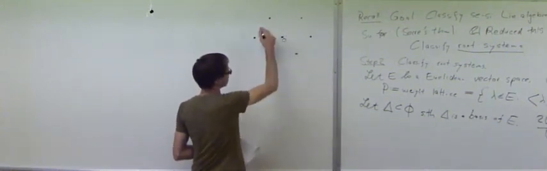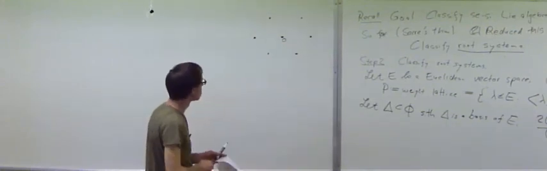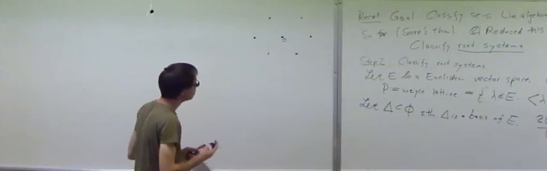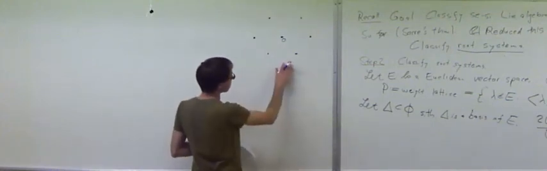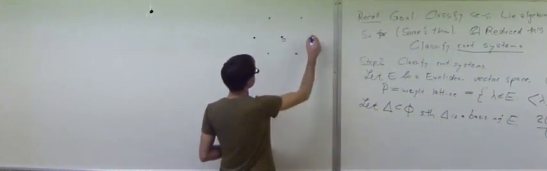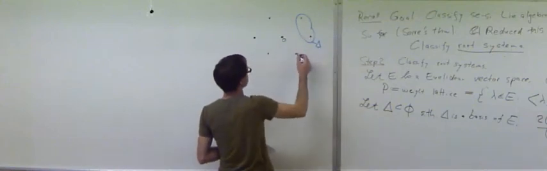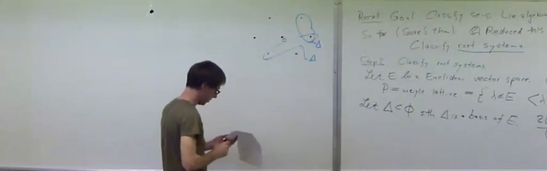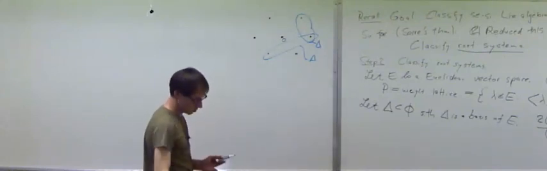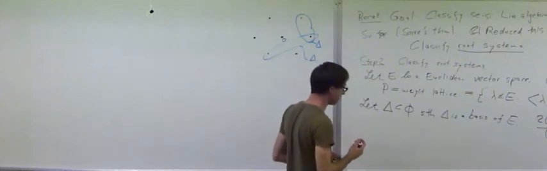So these 6 points form the root system phi. So we could take any two linearly independent ones. For example, these would form a potential set delta, or these two. Just any subset which is a basis of the vector space.